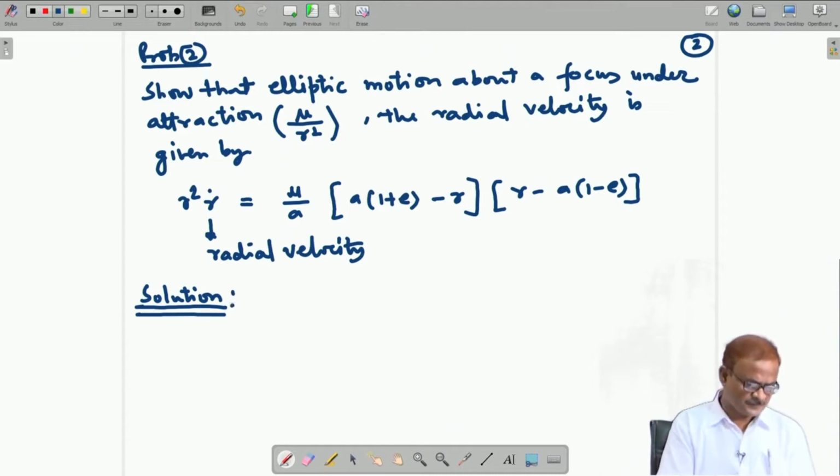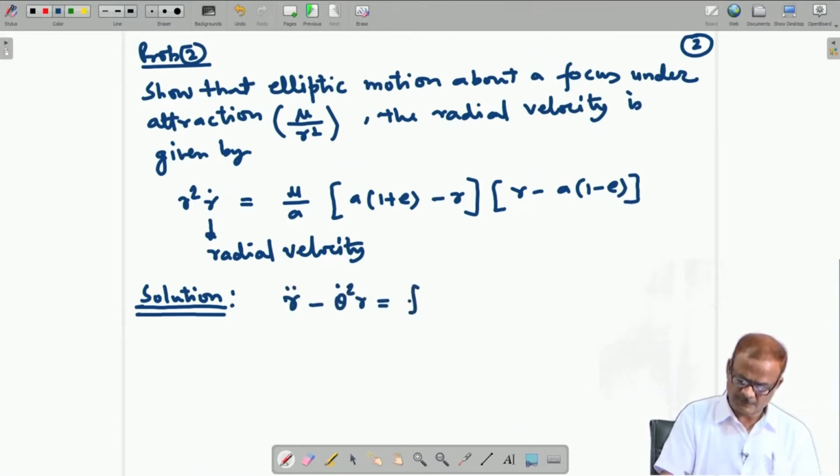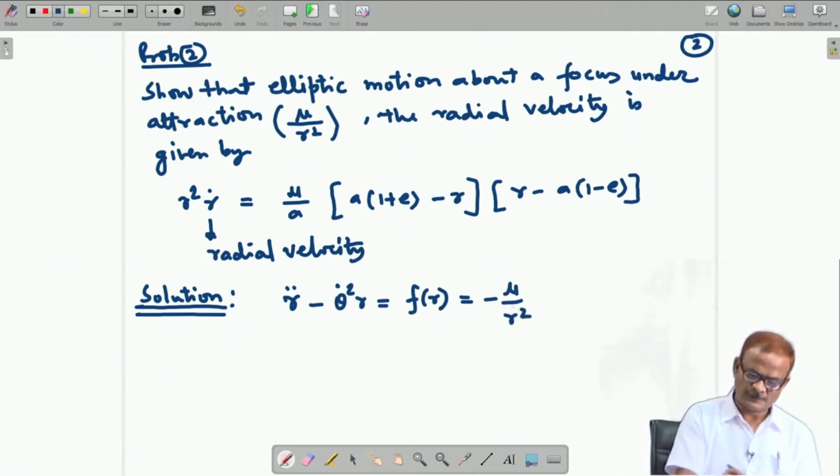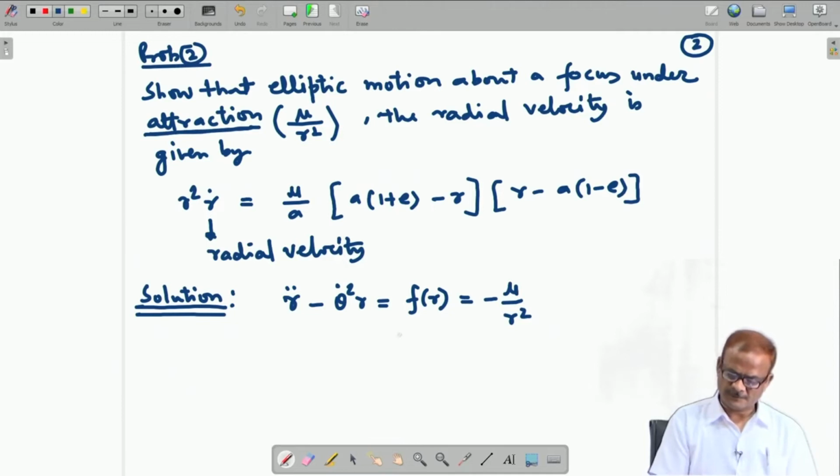So, we start with the same condition: r double dot minus theta dot square r equals f r, which in this case is given to be minus mu by r square, because this is attraction. Attraction means it is directed toward the center, and therefore the minus sign will come.